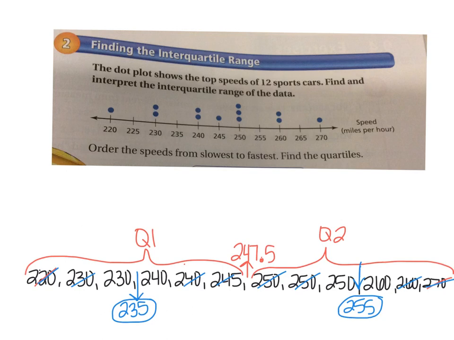To find the interquartile range, I'm going to take 255 minus 235, and I get a difference of 20. So my interquartile range is 20. If the interquartile range is 20, this means that the middle half of the speeds vary by no more than 20 miles per hour.